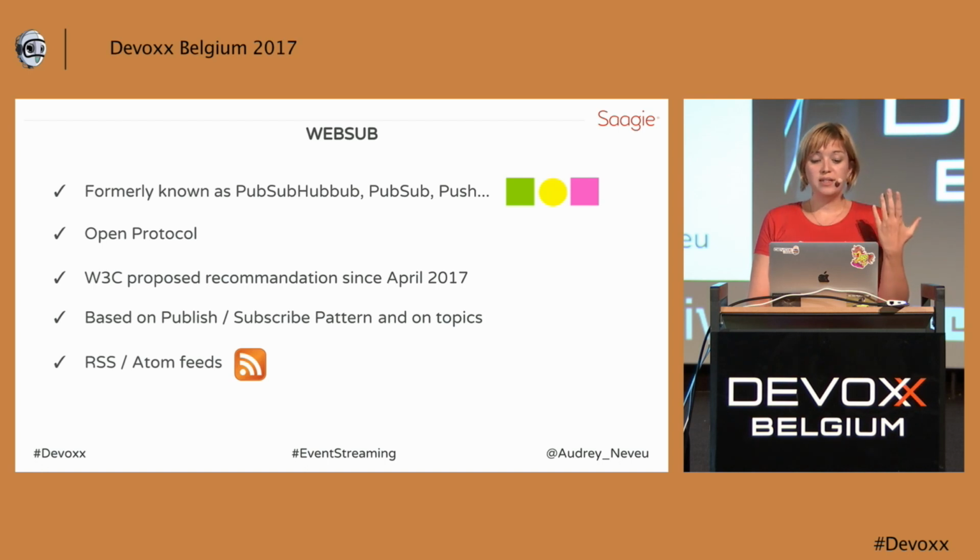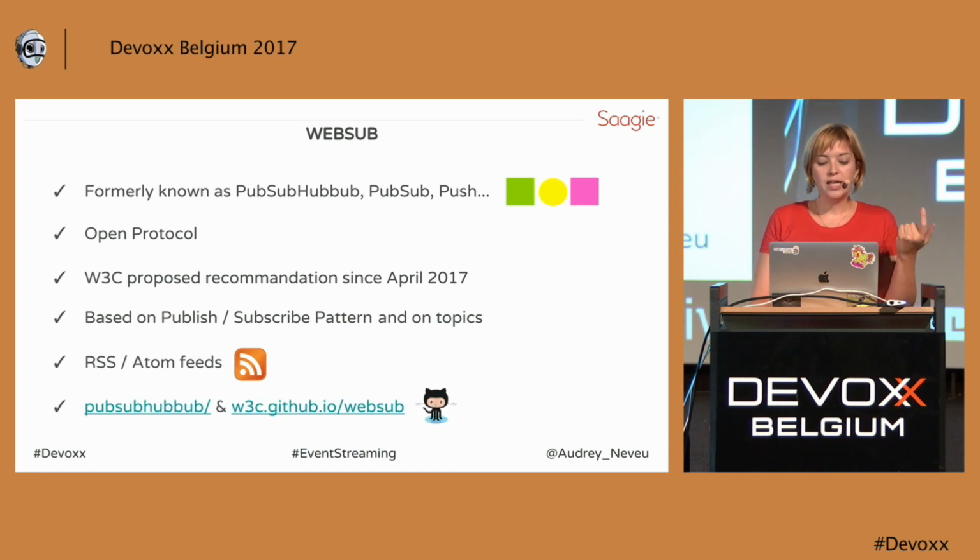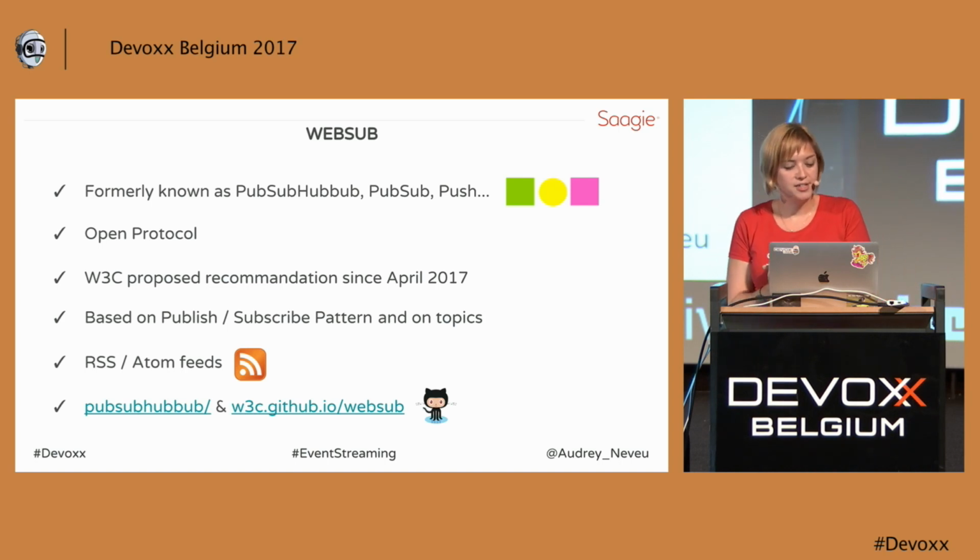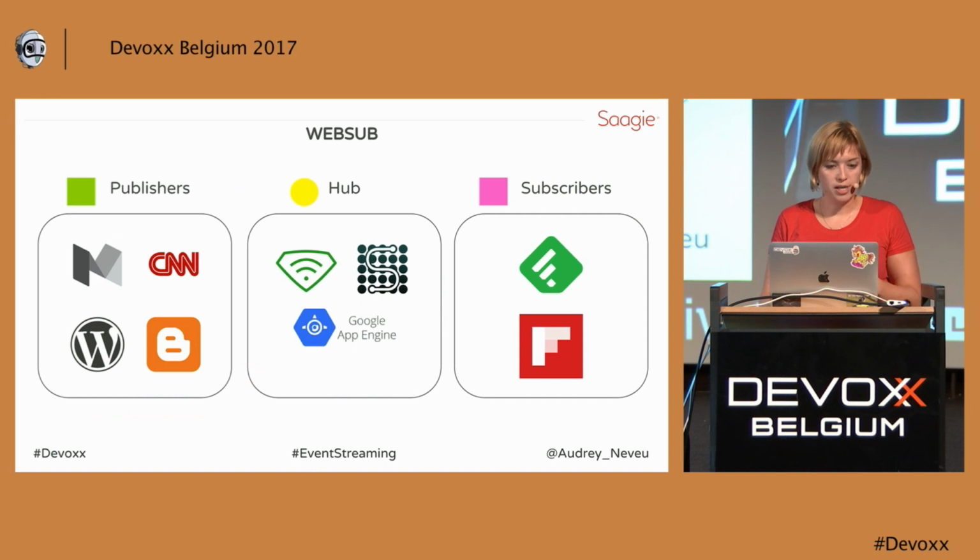It was originally designed to manage RSS and Atom feeds, but now you can use it with almost everything. And you get two very useful repositories, the PubSubHubbub repository, a lot of training to say it, trust me, where you can find a lot of resources like implementations in different languages, so that's very useful, and the W3C repository about WebSub to follow the evolution of the project.